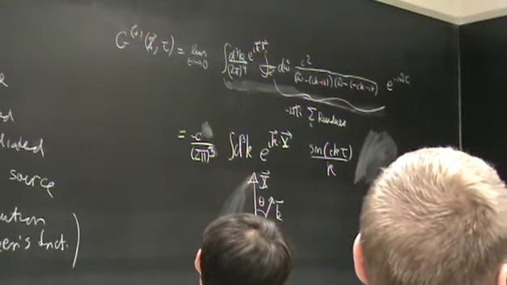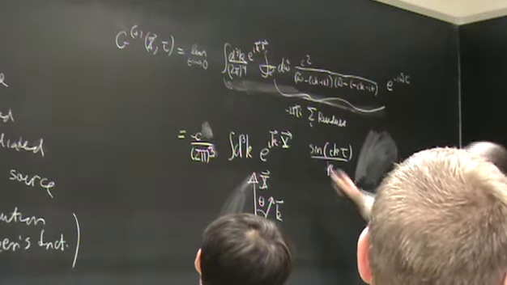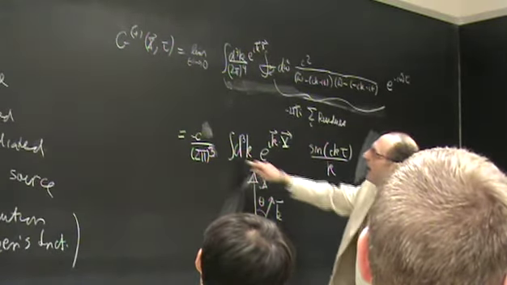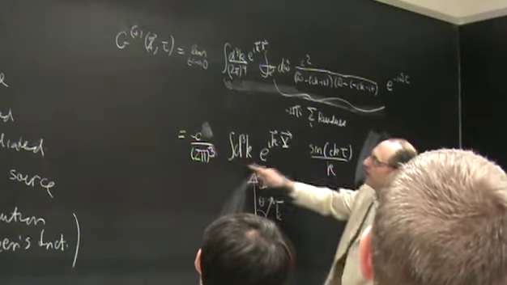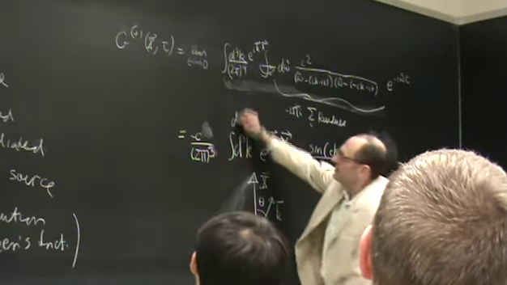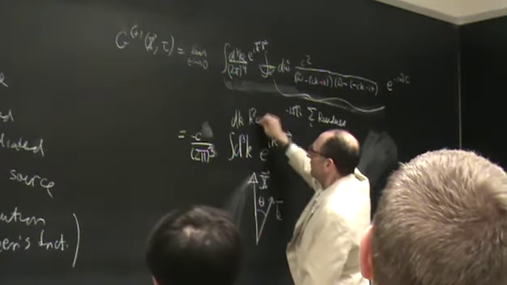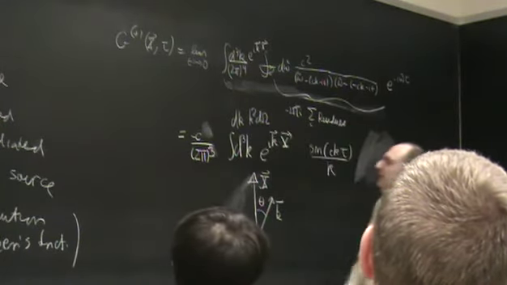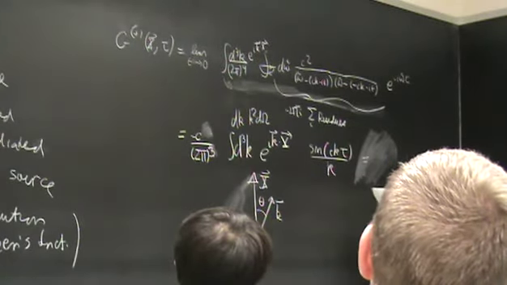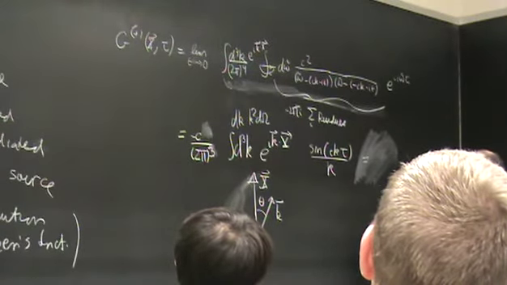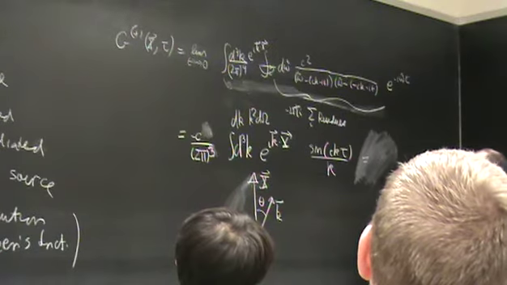All right. So we write this in terms of spherical coordinates, dk times k squared d omega. Do this integral, and we get the following. I wrote the algebra here in the notes. It's boring.